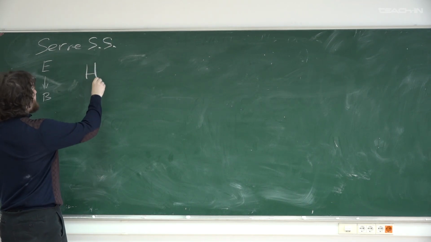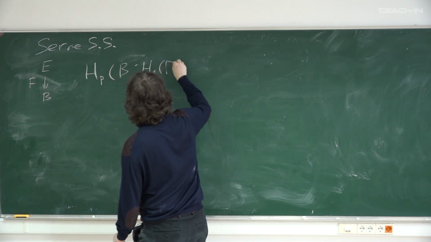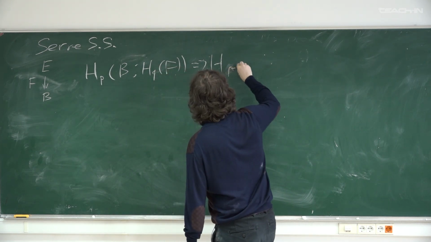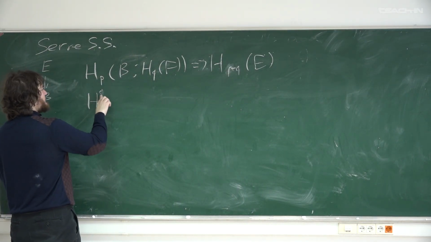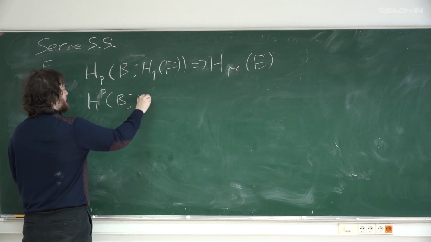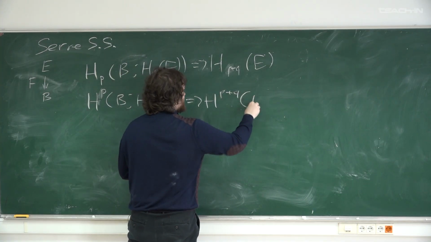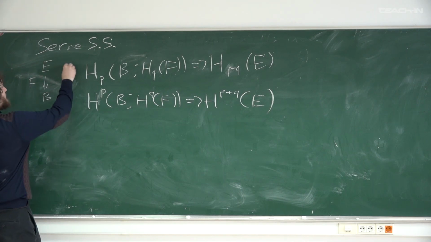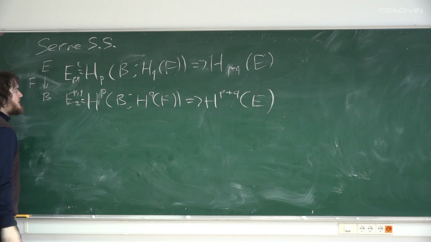We have a homological spectral sequence of this form, with base and fiber, which converges to the homology of E. It's the second page. Homological type spectral sequence.